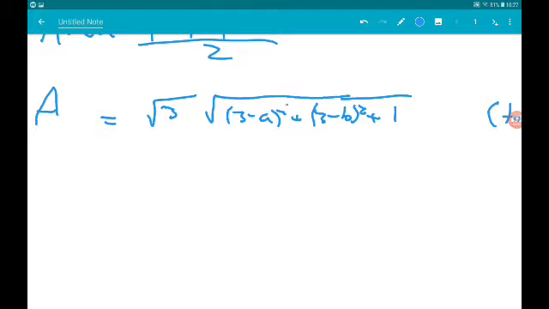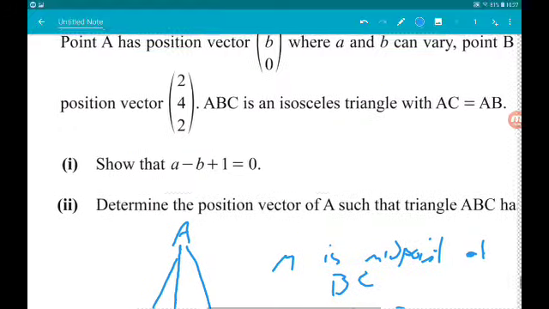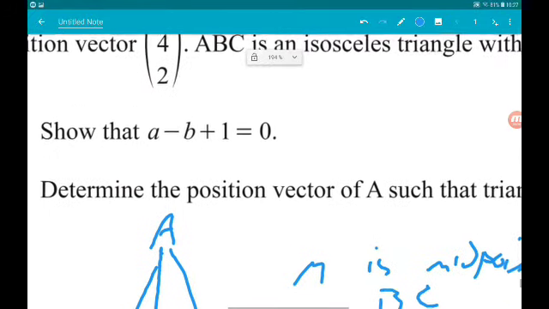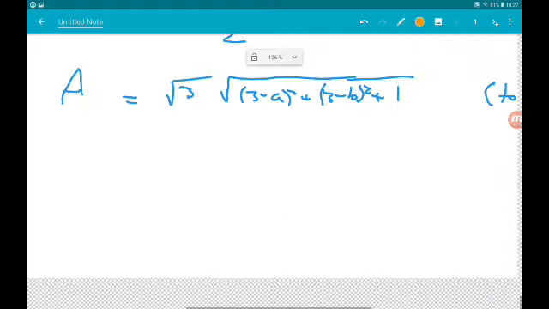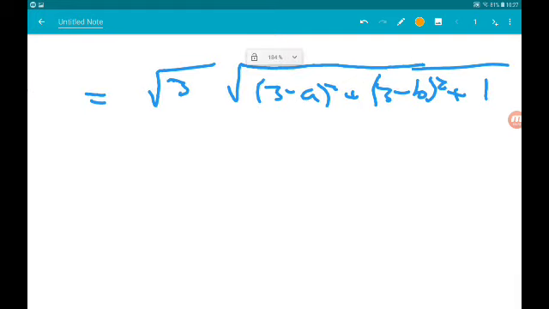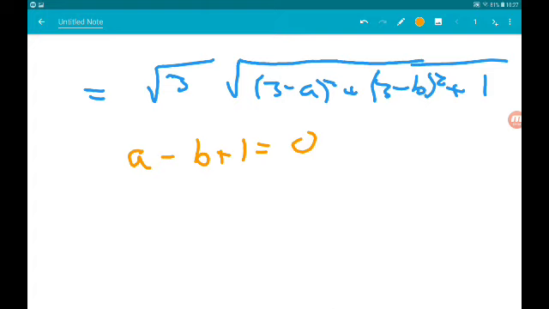So we know that, this question is hard, we also know that a minus b add 1 is equal to 0. So I'm going to use that to get b on its own, because it's less work. So we can get that a add 1 is equal to b.